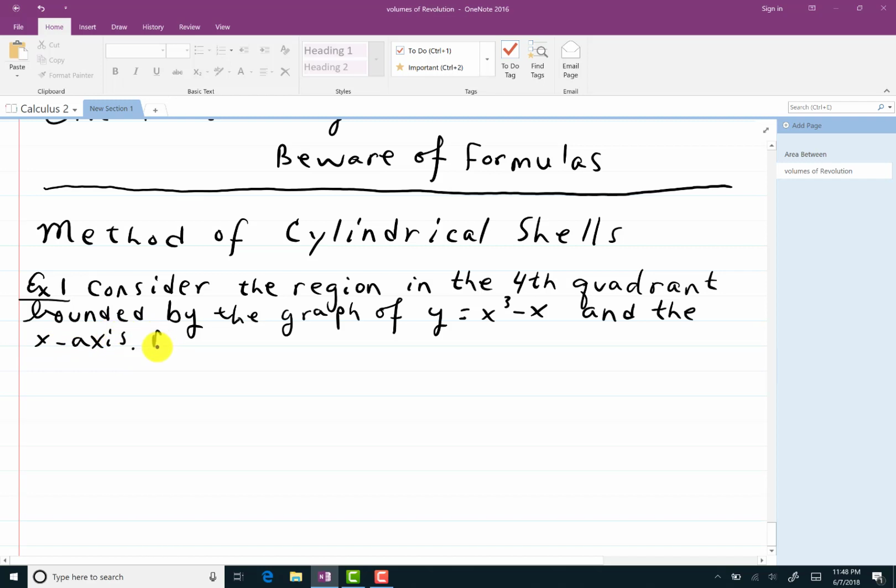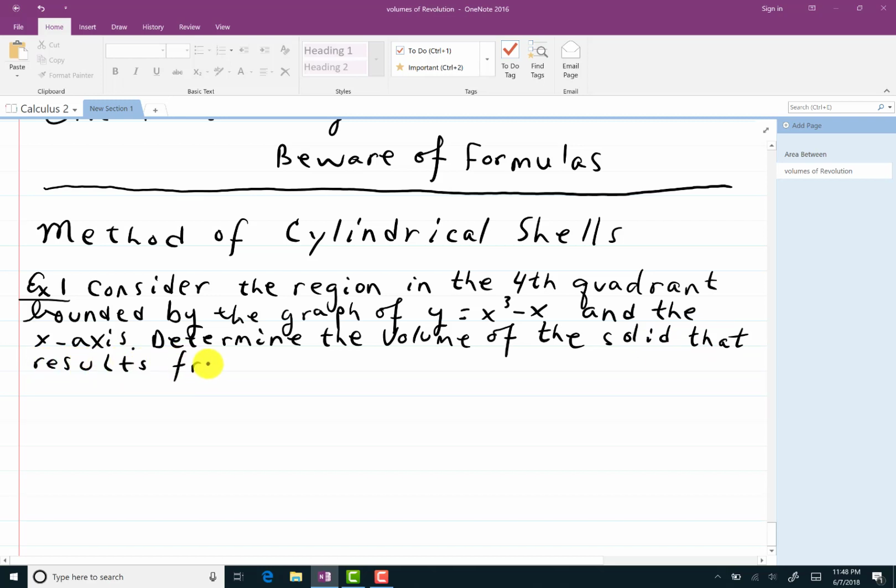Determine the volume of the solid that results from rotating the region about the y-axis.